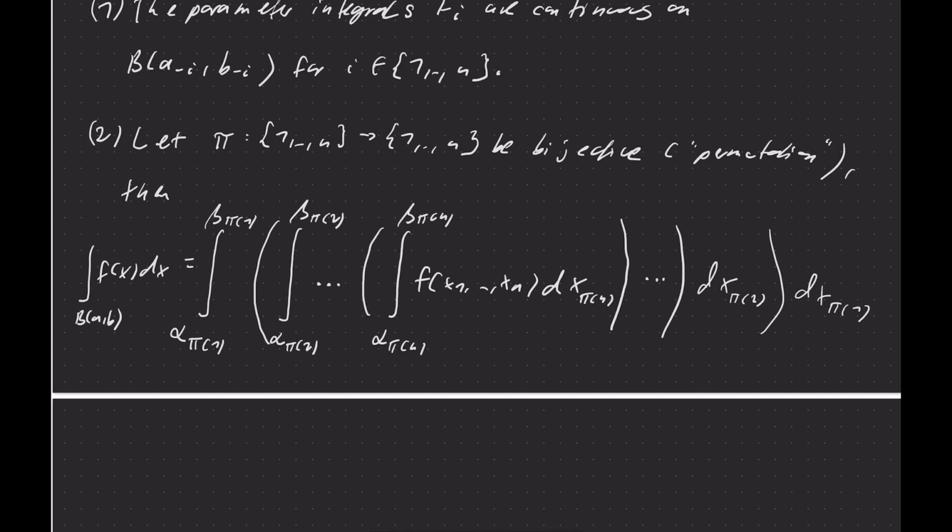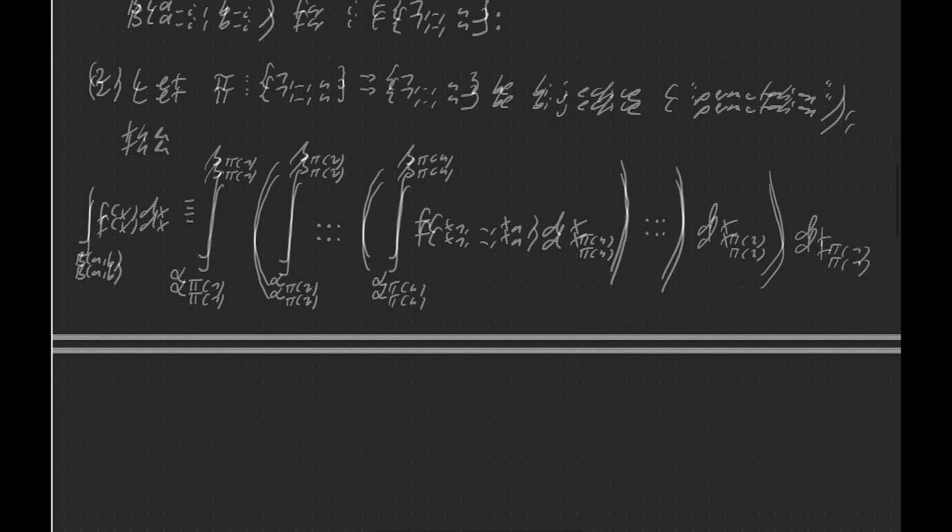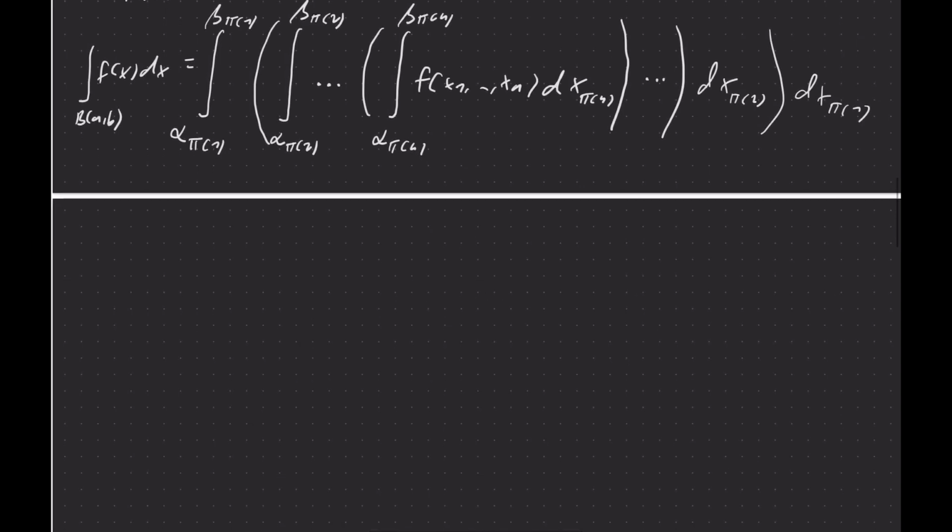Okay, so basically what you do is you order the variables x1 to xn in any order, and you integrate successively from the innermost to the outermost in any order you want. The result will be the correct integral value.